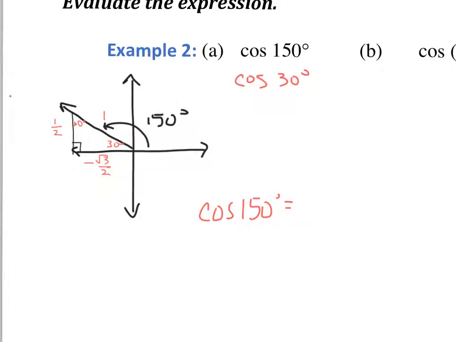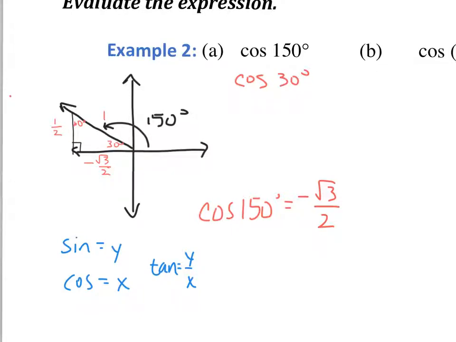Negative root 3 over 2. Okay, because remember, it would be your x value. So it would be the value that is on the x-axis. Okay, so remember, you still have to have your understanding that sine is y, cosine is x, and tangent is y over x, okay? So we still are using that concept as well, okay?